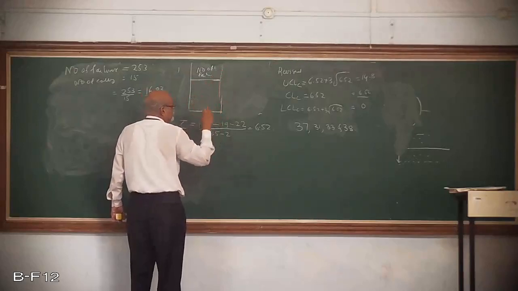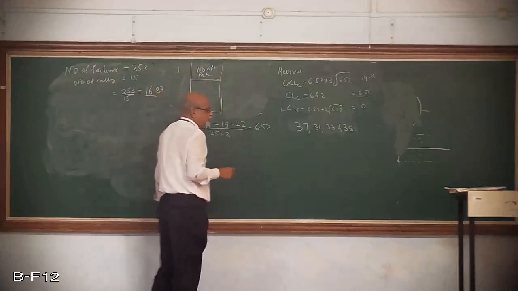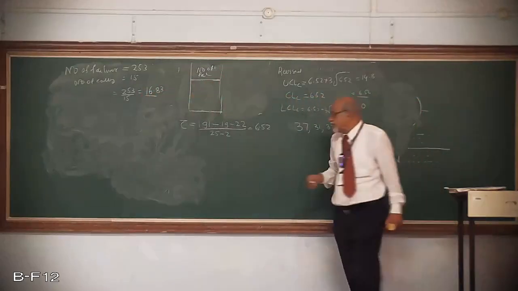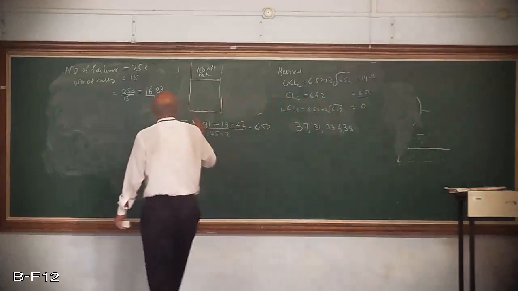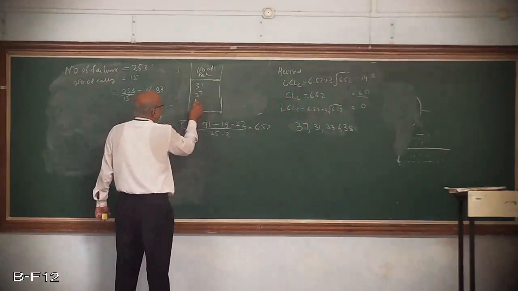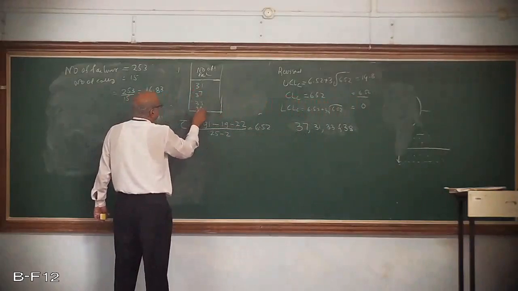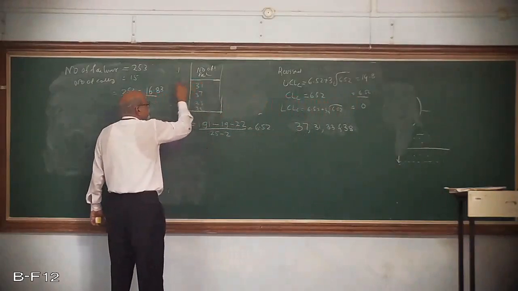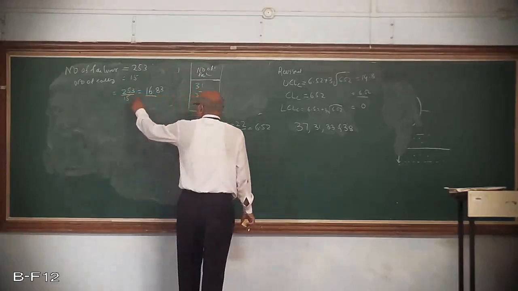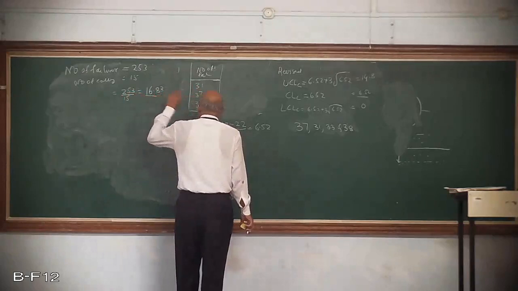Those values are 31, 37, 33 and 38. Some colleges have got these many failures. So the average I have found out to be 16.83.